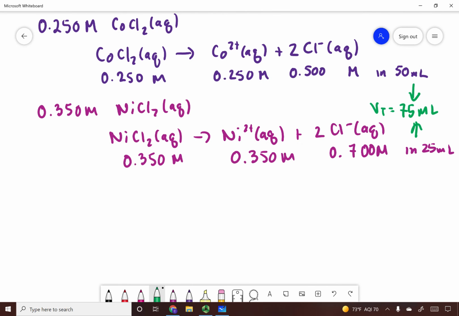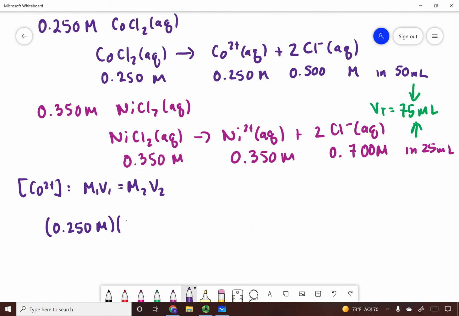And essentially what I'm doing is I'm diluting our solution of cobalt with another solution. So if I dilute something, I can use M1V1 equals M2V2. So to figure out the cobalt ion concentration, I'm going to use M1V1 equals M2V2. So cobalt is only coming from our first solution, and it is at a molarity of 0.25 molar.